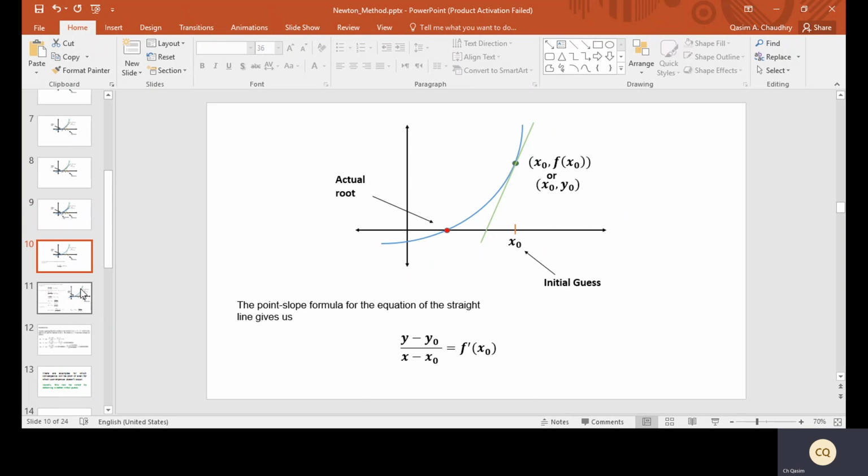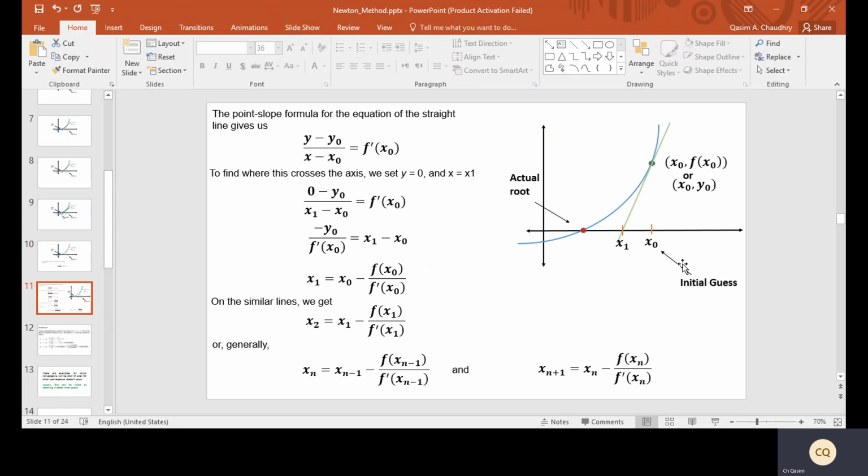तो बेटा उसके बाद नेक्स्ट स्टेप क्या है आपका, so now what we are going to do is that we have this line here, this tangent line, and this tangent line now cuts the x-axis at x1.